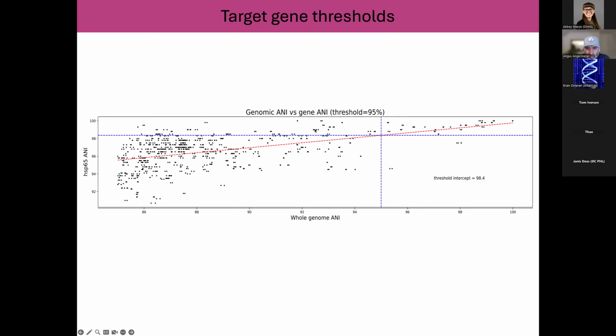And so you can see here, if I put the cutoff at the horizontal blue line, which is the intercept at 98.4, there's a few comparisons below that where they would be excluded at HSP65, as they would be considered different species by HSP65, but the same species by whole genome ANI.